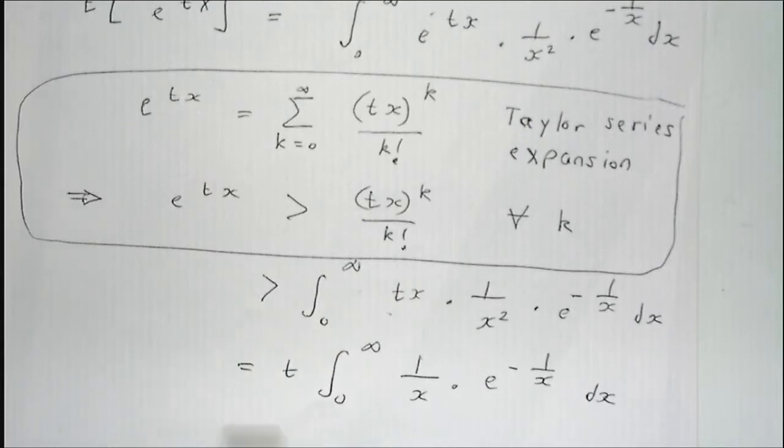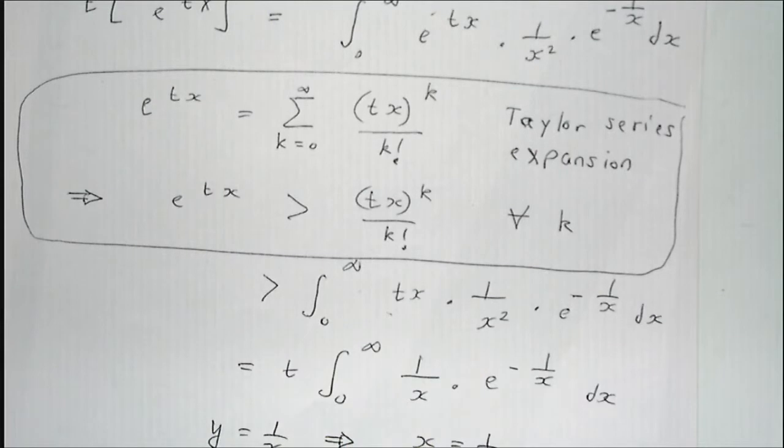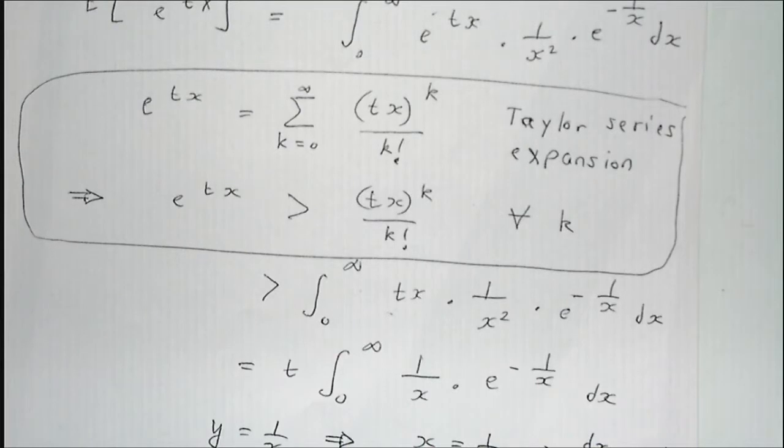Now I'm going to make a further substitution, y equal to 1 over x. So x equal to 1 over y, so dx by dy is minus 1 over y squared.